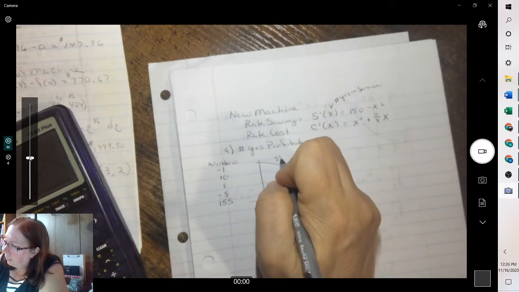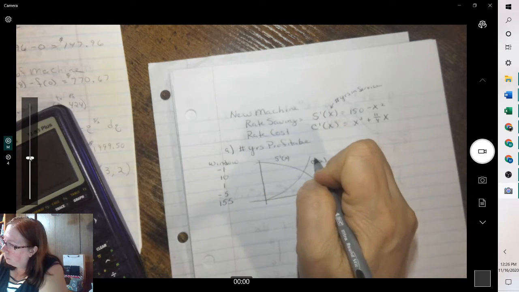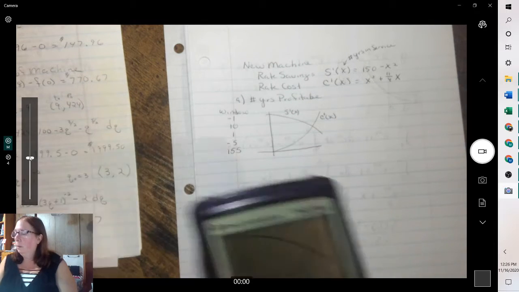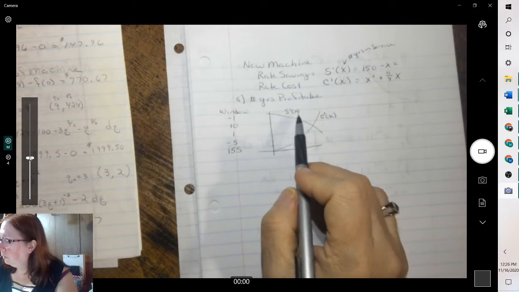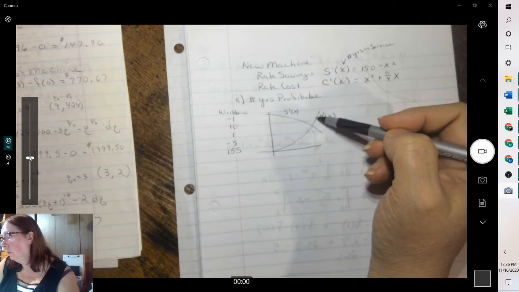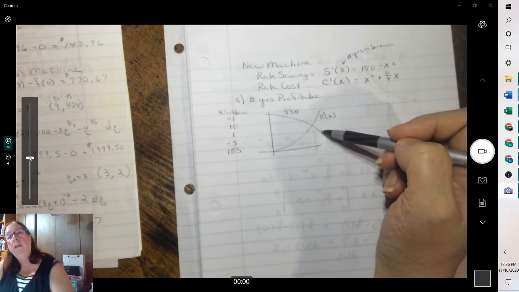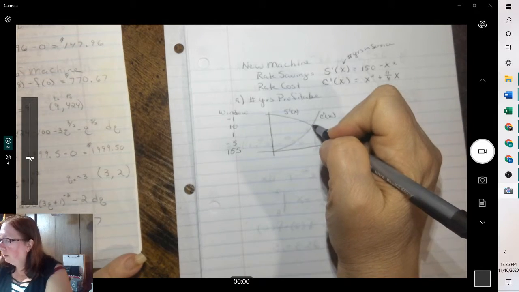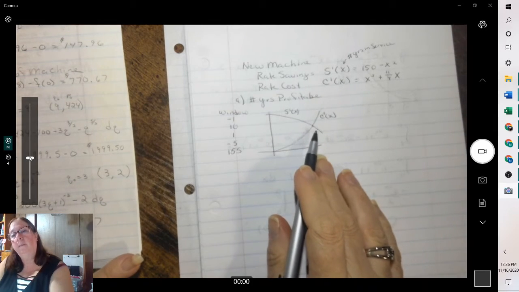This is my savings, and this is my cost. So we know that it is profitable as long as savings is above cost. Over here where the cost is above, you're not making money. It's costing you money. So it's not worth using. So it's good until we hit this intersection right here. So we need to find that value.